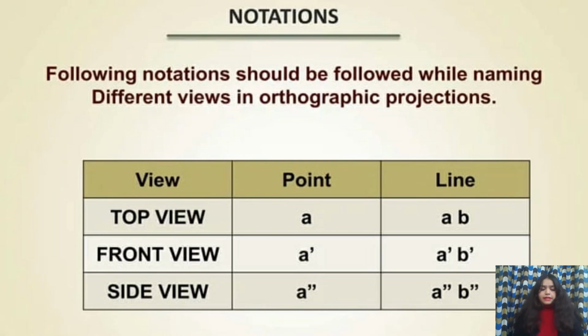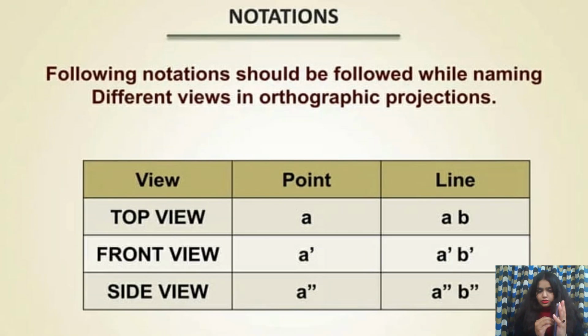Let me explain once again. Suppose I am having this mobile, and I have to draw its images: the front view, the top view, the side view. If the observer is seeing from here, it is the front view.